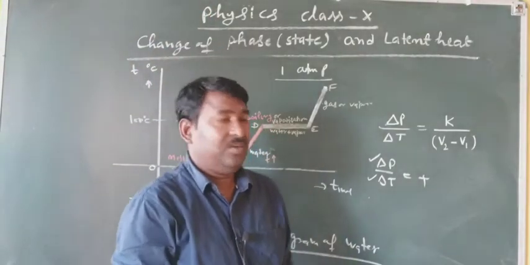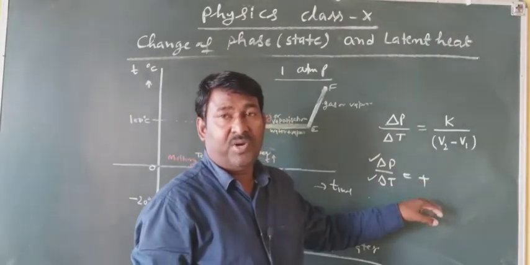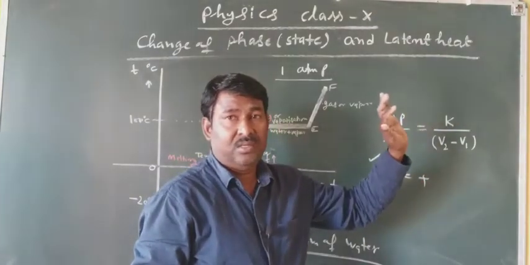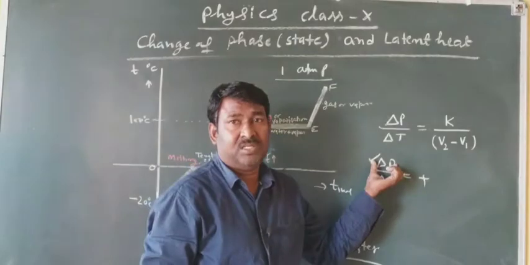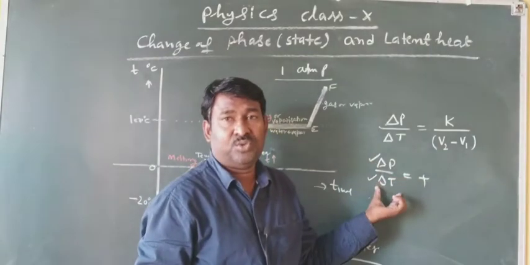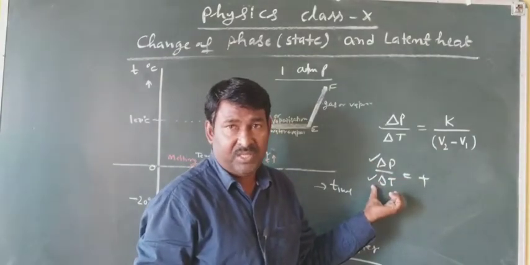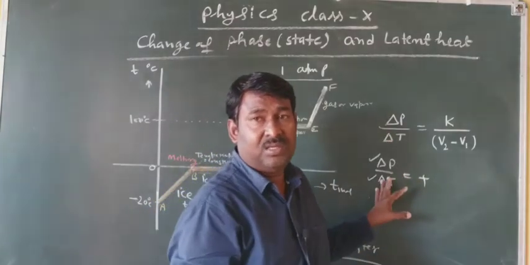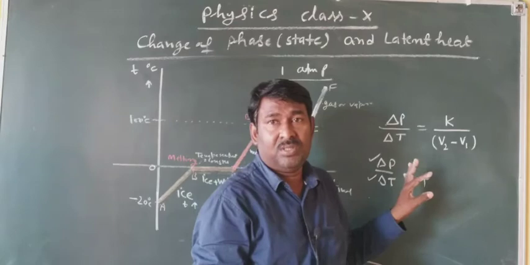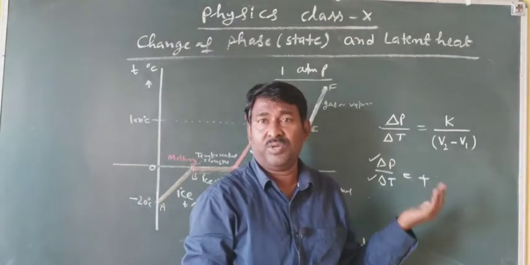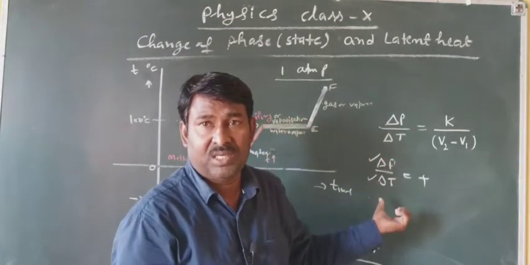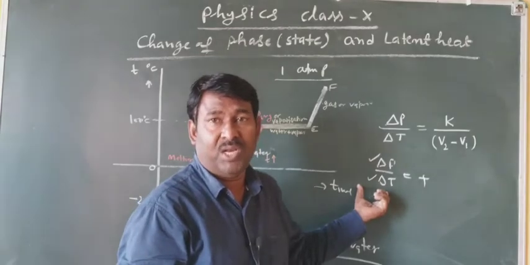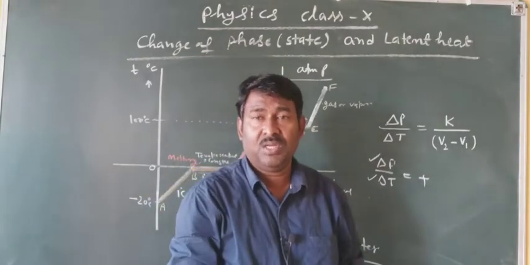Thus for the boiling point, or for the vaporization of water, if pressure increases, temperature should also increase, meaning if pressure increases, its boiling point should increase, and vice versa: when pressure decreases, the boiling point of the water should decrease.